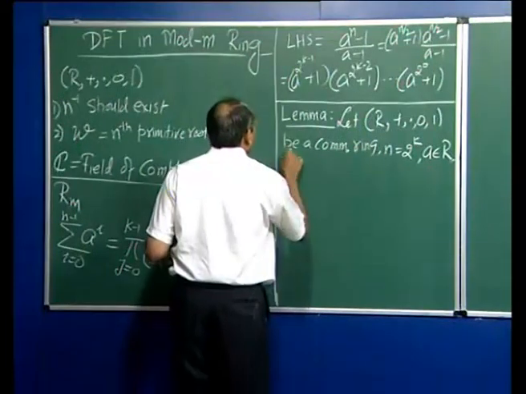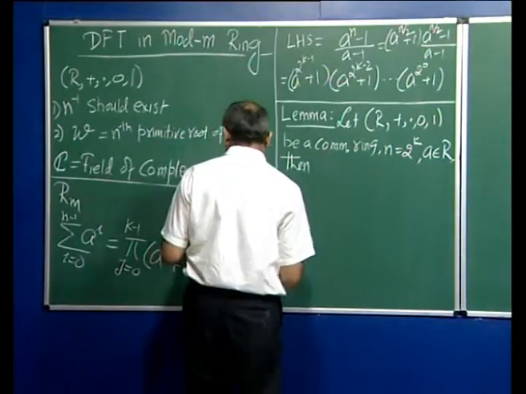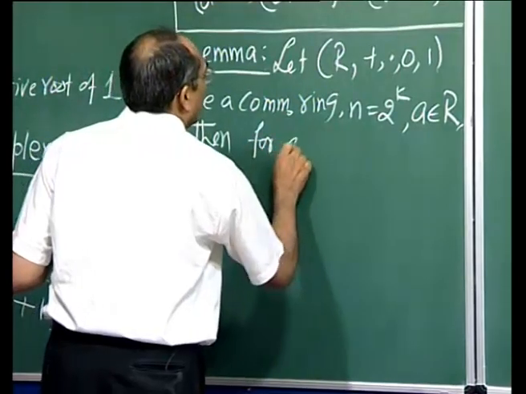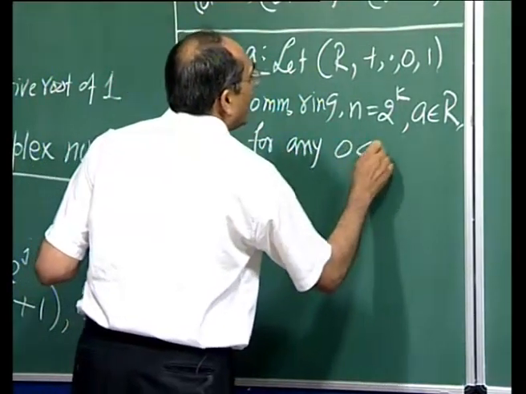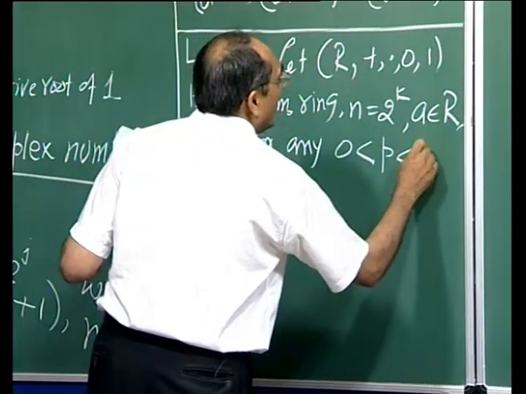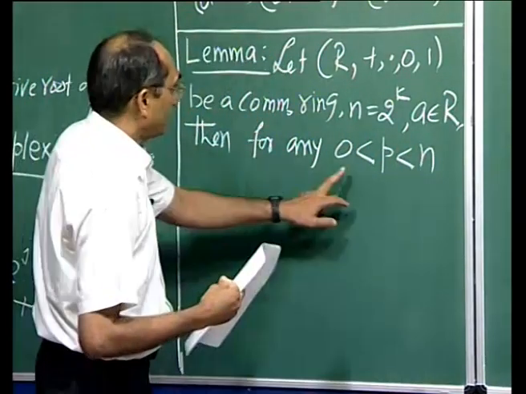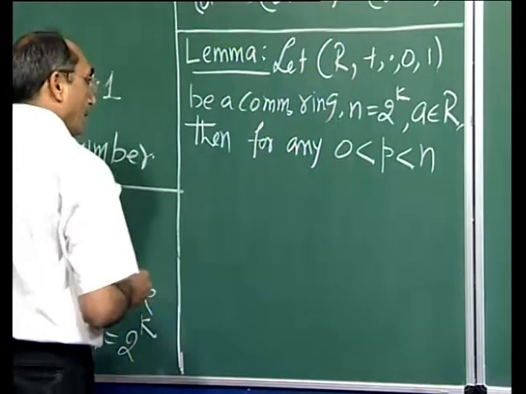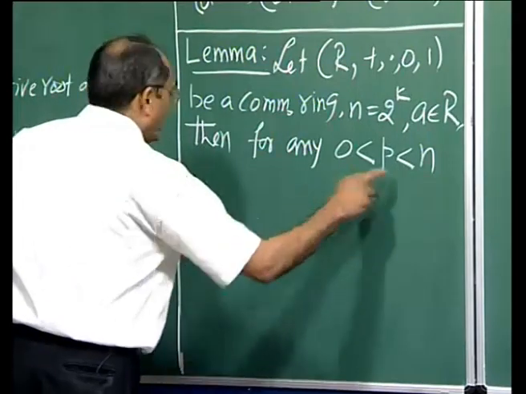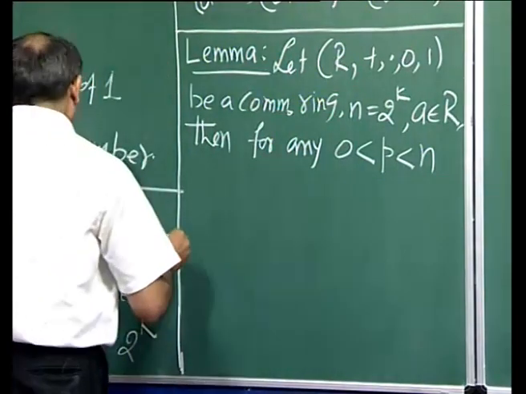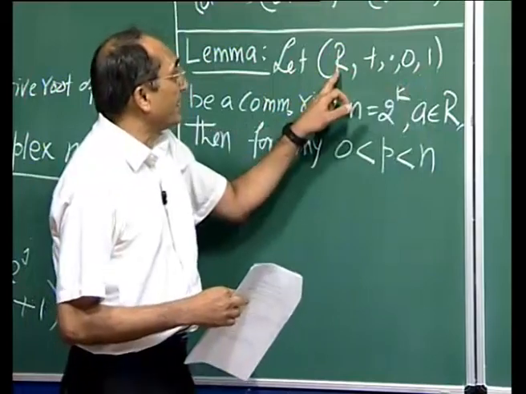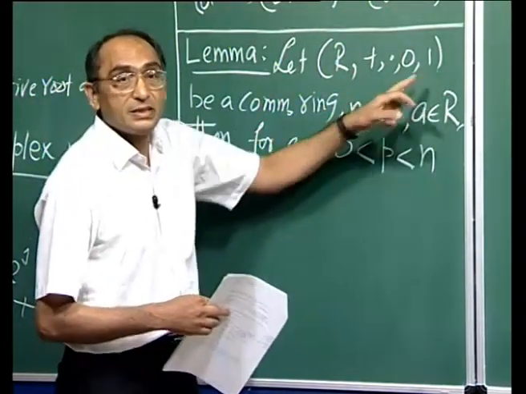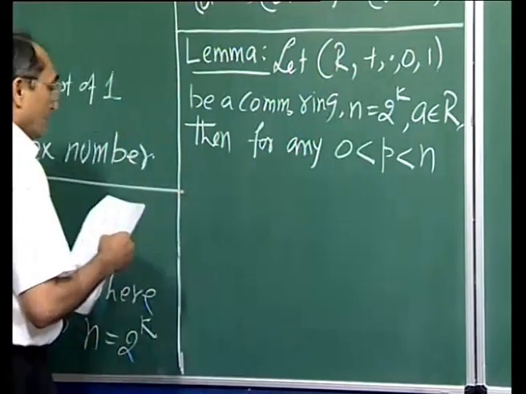Then for any p strictly between 0 and n, so this is any integer from 1 through n minus 1. Remember, since 1 is present in the ring, then 2 is also present, 3 is present, so all integers are present in the ring.